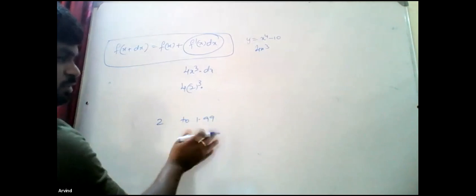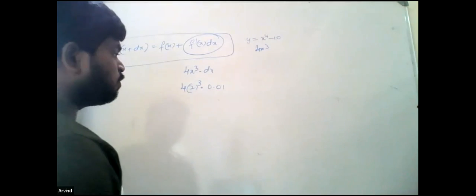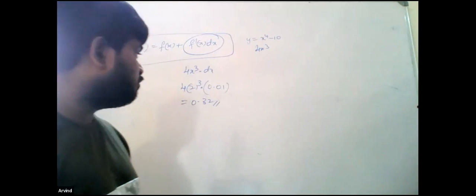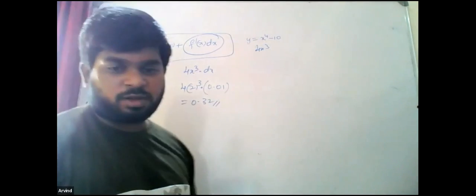Now it has changed from 2 to 1.99. What is the change? Take the modulus of it. 0.01 is the change. Okay, I know it is going in the downwards, but we'll take positive. So multiply, 0.32. So x changes by 0.01, and y changes by 0.32. So let's go to the next one.